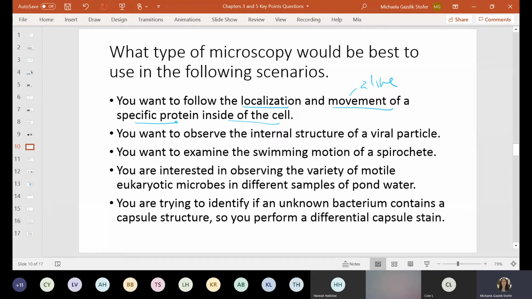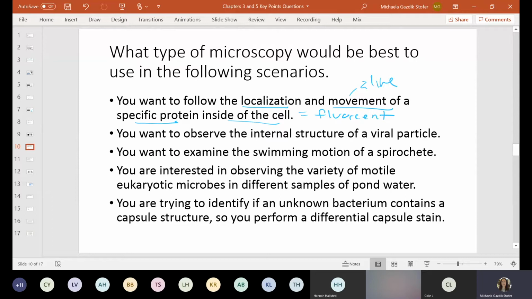Okay, and so that eliminates something like bright field, where the cells are going to be dead. And we want to look at a specific protein. Okay? Proteins are really tiny, even smaller than viruses. And so the only way to really see a protein in a light microscope would be if we labeled it with a fluorescent dye and looked at it under the microscope. So we would want to use a fluorescent microscope for this first one.